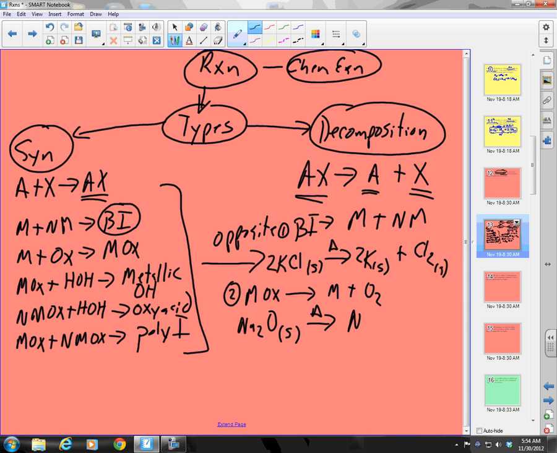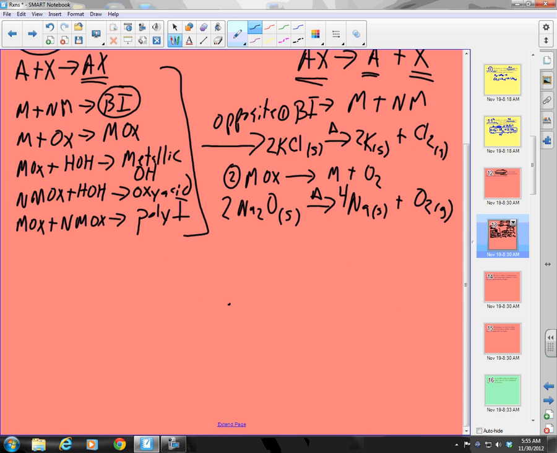I'm going to get sodium solid plus oxygen gas. Oxygen is always diatomic. I need 2 of these, which means I need 4 of these. Wow, piece of cake. I'm glad I memorized these, because if I memorize these, then I get these for free. This is almost like 2 for 1, right? Wow. Black Friday in chemistry.